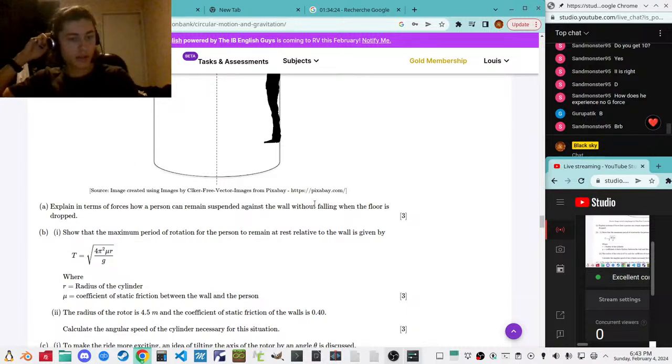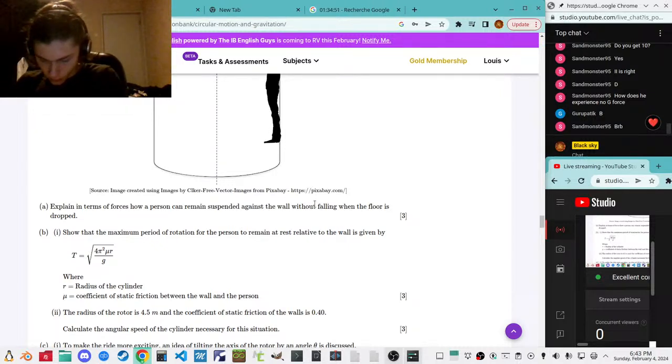Show that the maximum period of rotation for the person to remain at rest relative to the wall is given by this. You have to use the static.